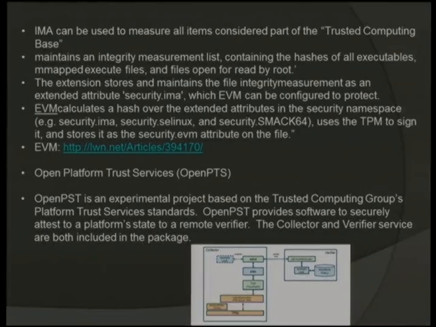And then lastly, Open Platform Trust Services. TCG put out a set of standards called Platform Trust Services, and they tried to implement an attestation based on a public key kind of situation where you would have to essentially trust a third party.